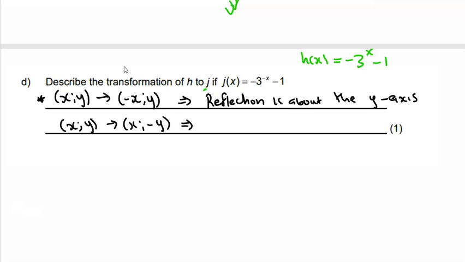So this tells you that the reflection is about the x-axis. But for this solution, the correct answer is the first one, because we can see the only thing that is changing is the value of x from positive to negative. So the correct answer is that the reflection is about the y-axis.